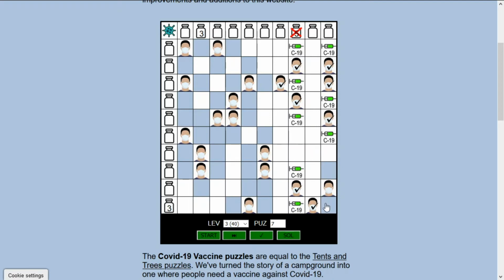Let's see. Here there is a choice, but we have a number here, and that number is telling us we need to have 3 vaccines.